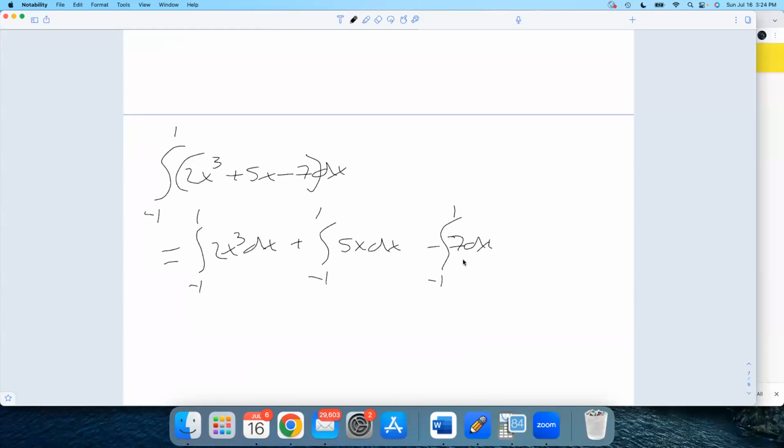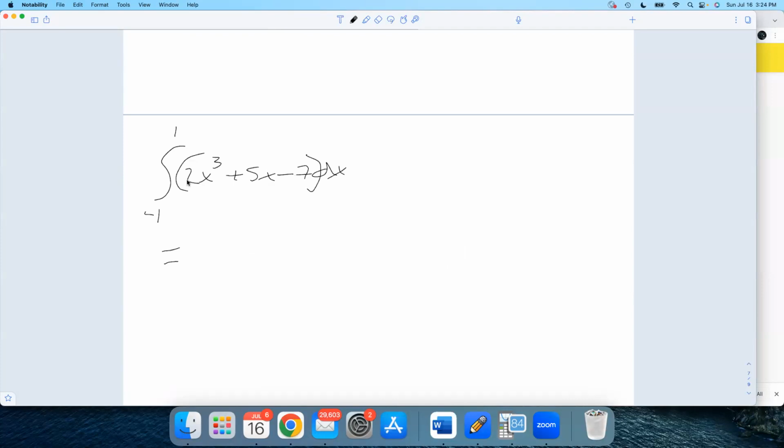Maybe we have to do something really complicated like integration by parts on one part, and we just want to deal with that separately. But in this case, it's not necessary. We could just do each one and evaluate all at the end.